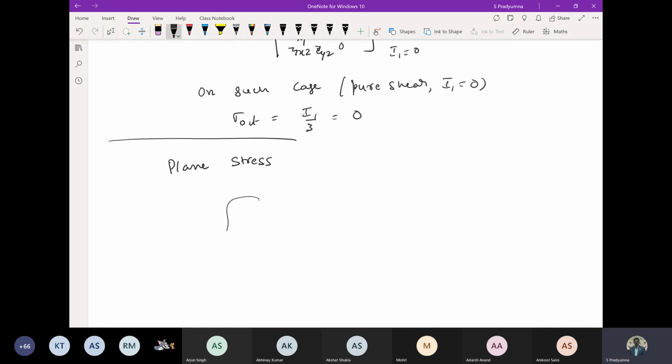Plane stress: we assume that, for example, if this is a planar body on the XY plane, the loading is on the XY plane. So we have the loading and the deformation.